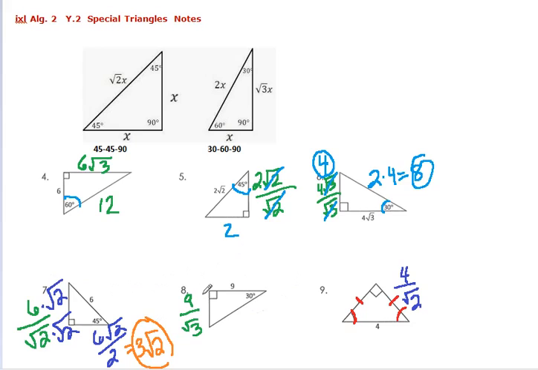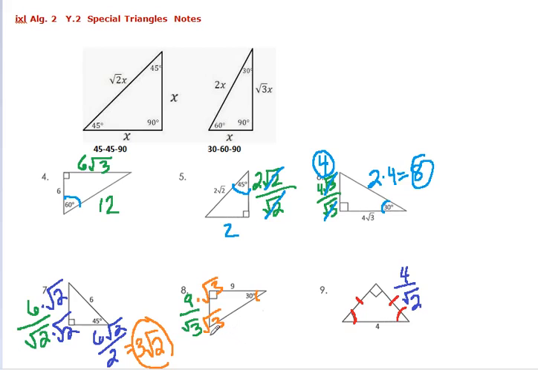Moving along to number 8. The clue was the 30-degree angle right there. We're given information about the long leg, which is 9 units long. That lets me know that the short leg is the long leg divided by the square root of 3. Now we have the same deal going on there. We have to multiply this by the square root of 3 and do that up there also because that rationalizes the denominator.